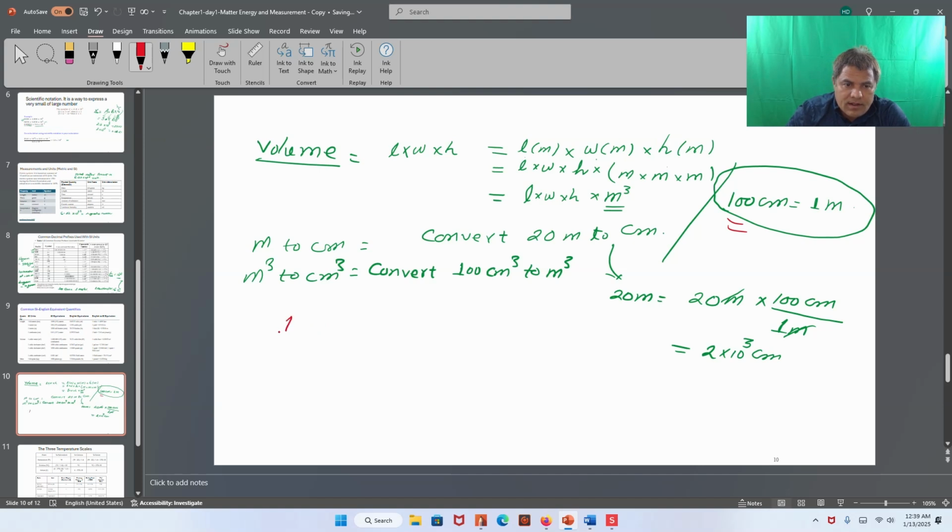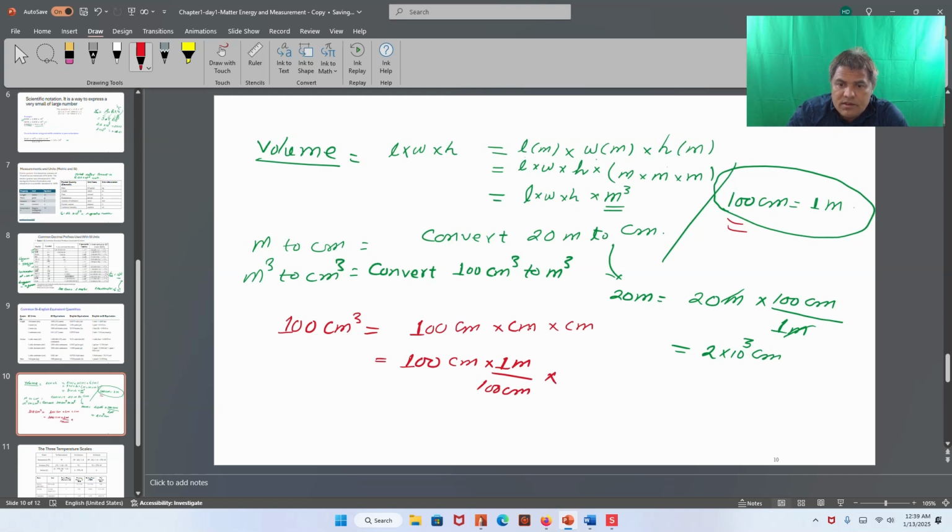I will write it like this: 100 centimeter cube is equal to 100. Now centimeter cube means 100 centimeter times centimeter times centimeter, right guys? To cancel centimeter, we need meter in the numerator and 100 centimeter in the denominator.